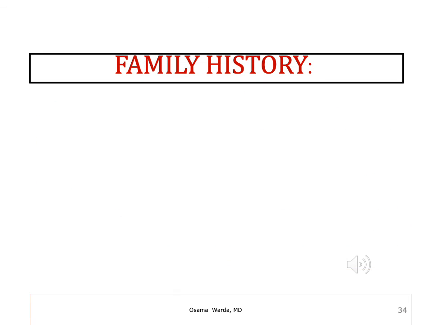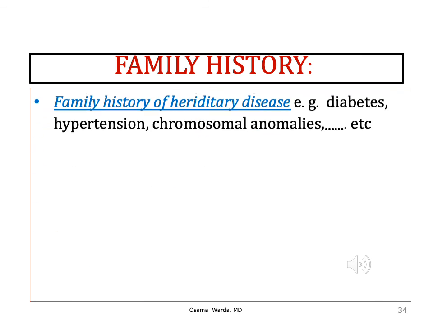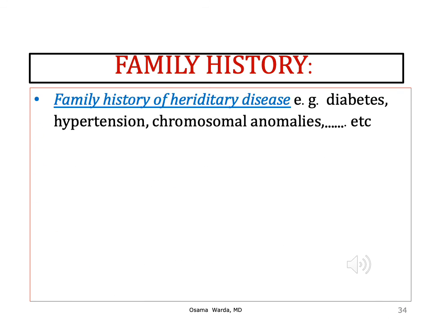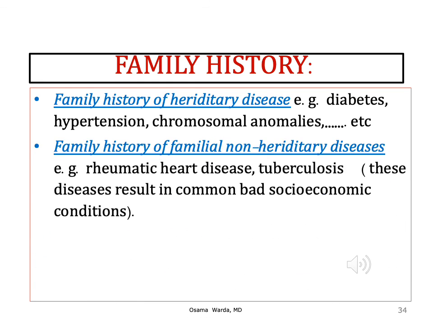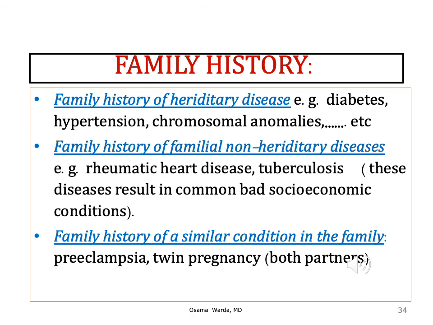Family history of hereditary disease such as diabetes mellitus, hypertension, chromosomal anomalies, family history of familial non-hereditary disease, such as diseases that are in common socioeconomic status, such as rheumatic heart disease, tuberculosis, and then family history of similar conditions such as preeclampsia, twin pregnancy.